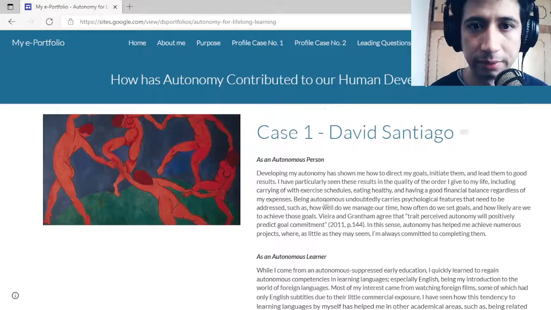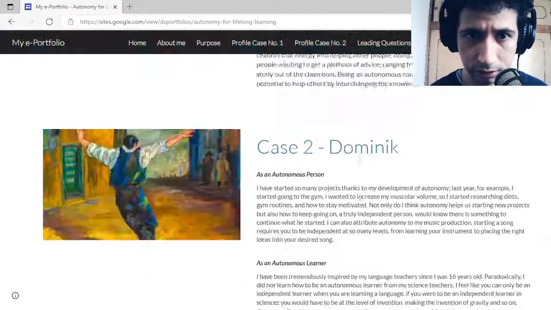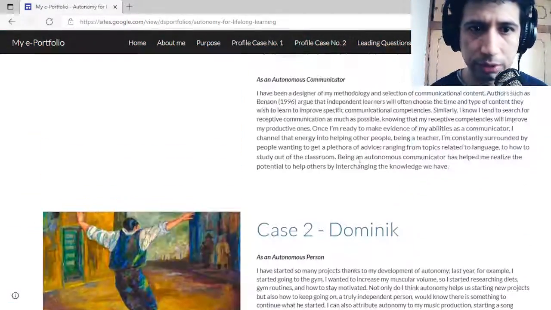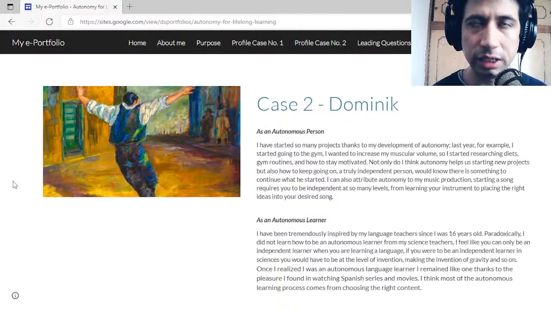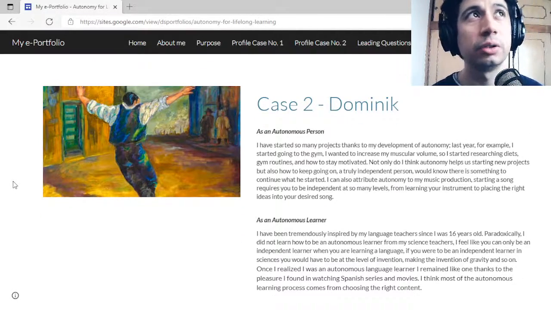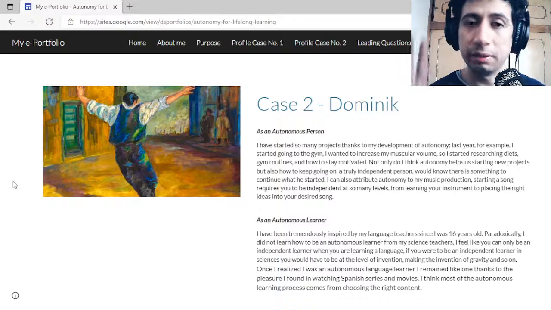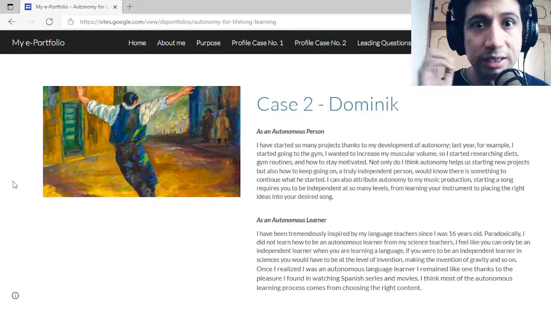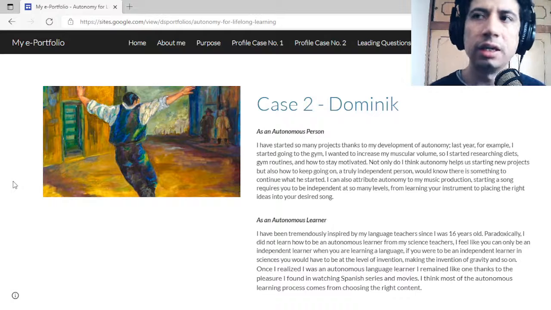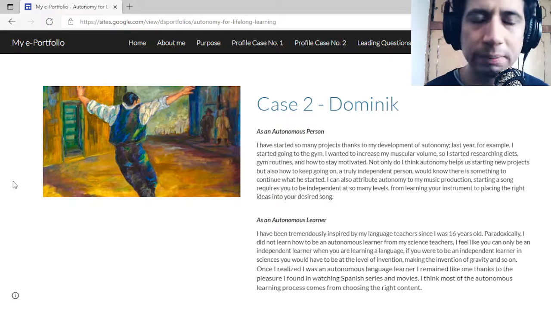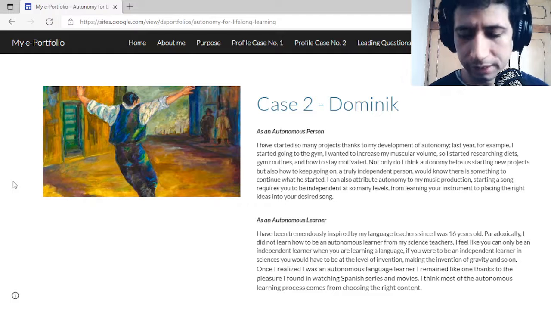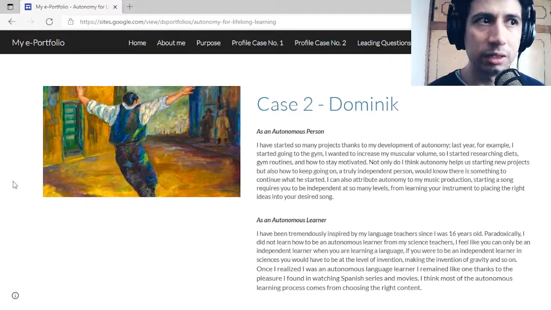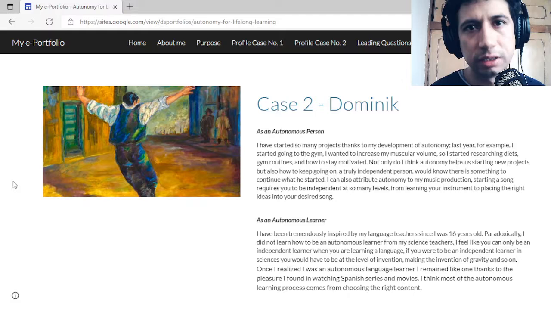That's it for me. Now, for the case number two, which is Dominic, he is completely self-absorbed in vocabulary. Now, I must say, Dominic loves Spanish. He is completely passionate about Spanish. And so, in this way, he thinks that the best way to learn a language is just by learning the vocabulary.